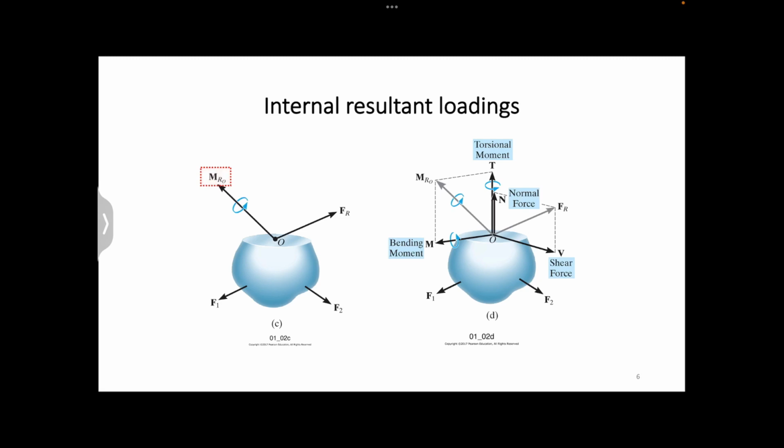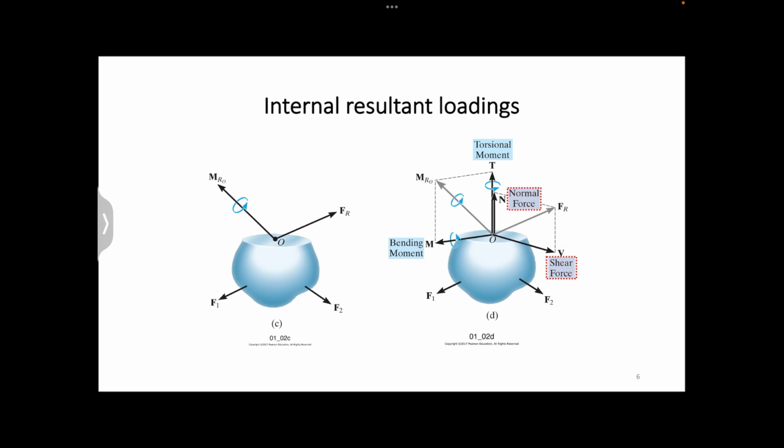Then, if we decompose the resultant force into two components, one perpendicular and one tangential to the surface, they can be called normal and shear forces, denoted by letter N and V, respectively.